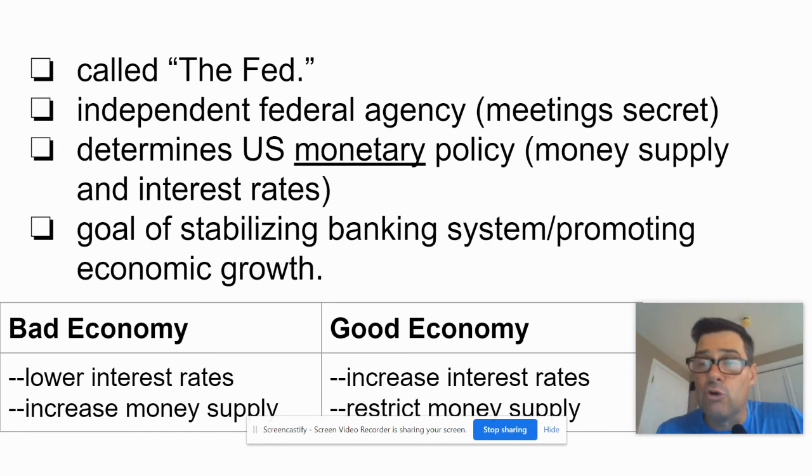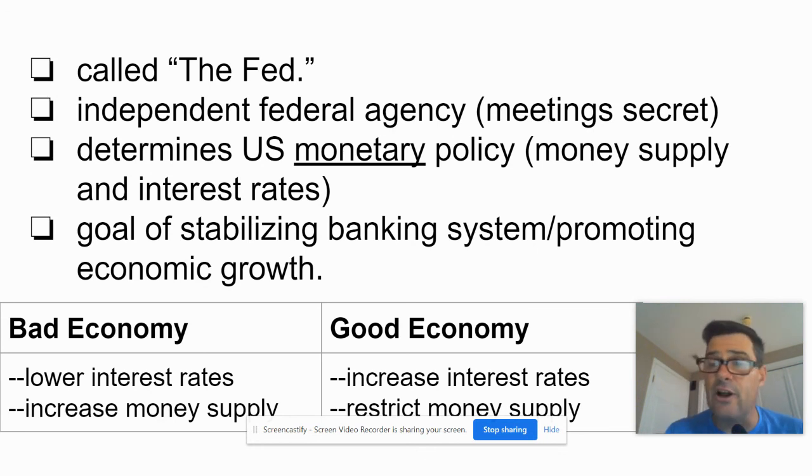They want good growth, but not too-fast growth. So they might raise interest rates in a good economy and then restrict the money supply. They don't want quite as many people borrowing money, so they restrict the money supply. That means they pull back the dollars that are out in the economy. Restrict, pull it back. All right, so increase or restrict, lower the interest rates or increase the interest rates.